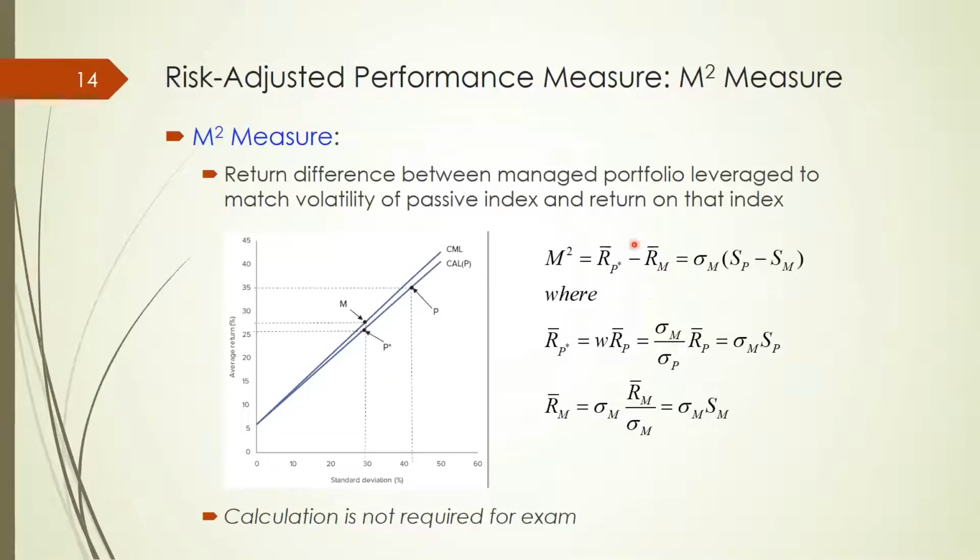And this return difference is equivalent to sigma M times the Sharpe ratio difference between P and M. Okay, so it's intuitive because you can see sigma M is the horizontal axis, the distance, and SP minus SM is the wedge between the two capital allocation lines. So that gives you the distance between M and P star.